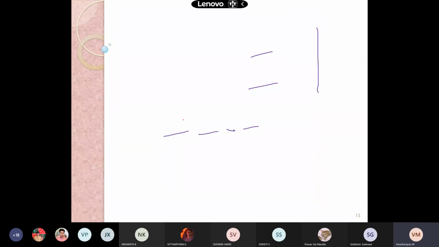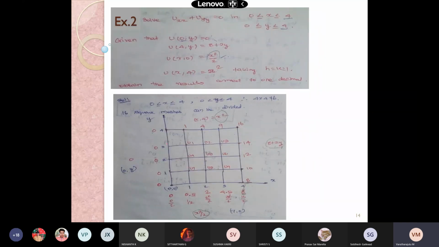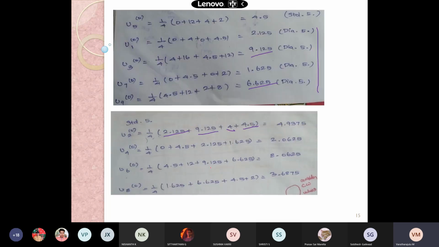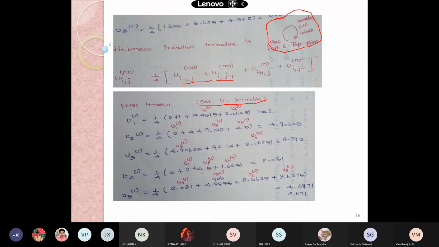What is 0 and 1? See here, this is 0 and this is 1. What are U2 and U4? Here U2 is 4.9375. U2 and U4 is 2.0625. This is our U2, and U4 is equal to 2. So calculate and cross check whether it is 2 or not.